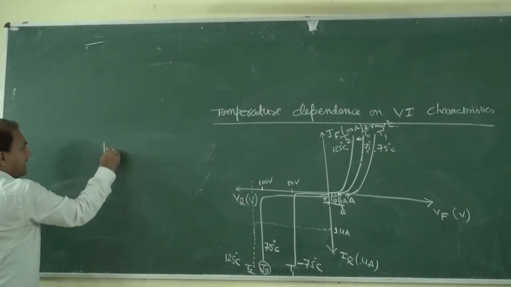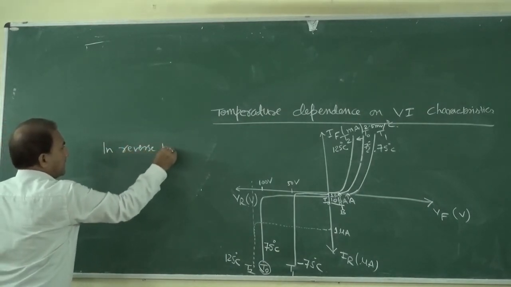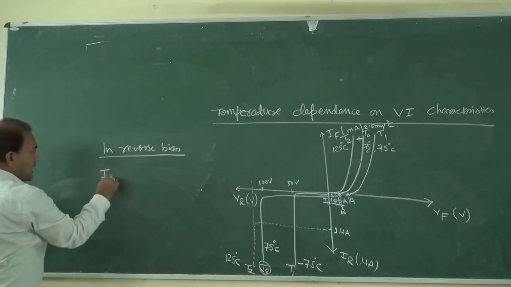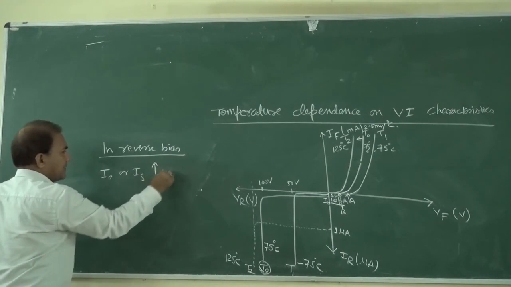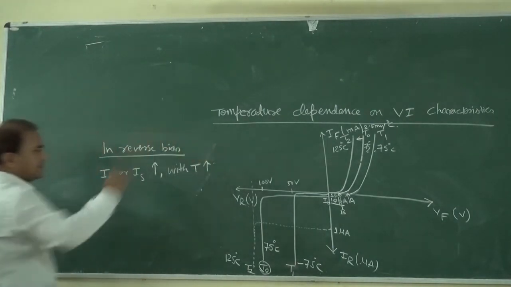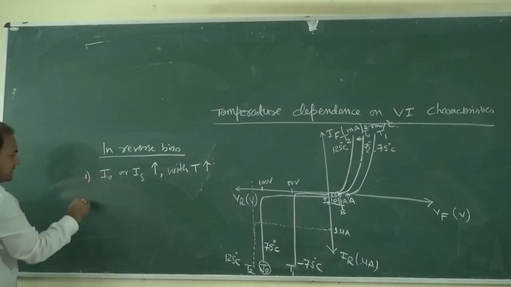So in reverse bias condition, so we can see that in reverse bias, what happens? I naught or IS increases with increase in temperature, and this is first.